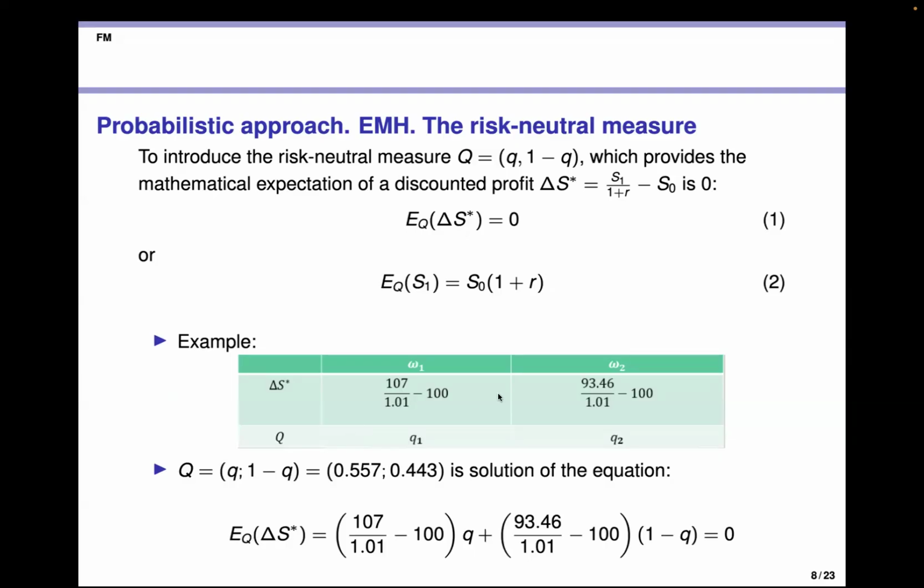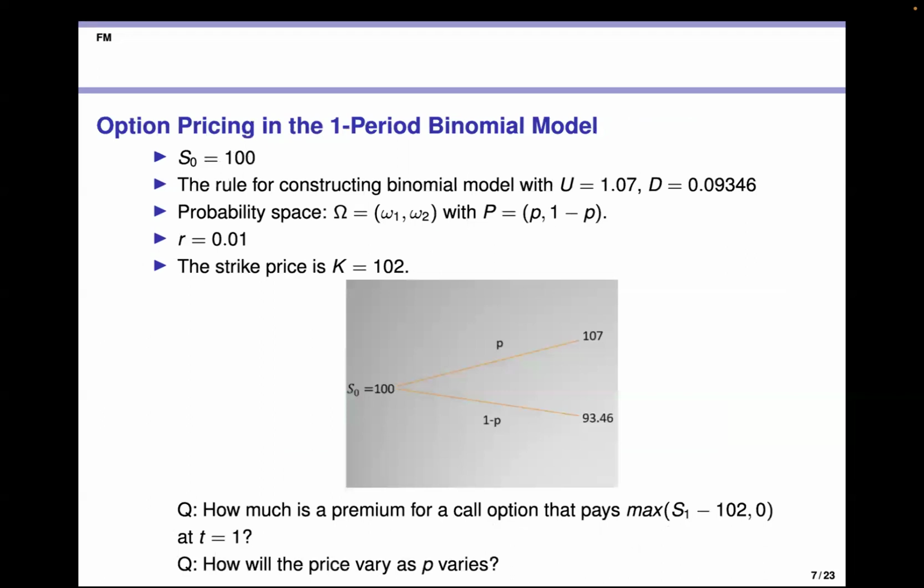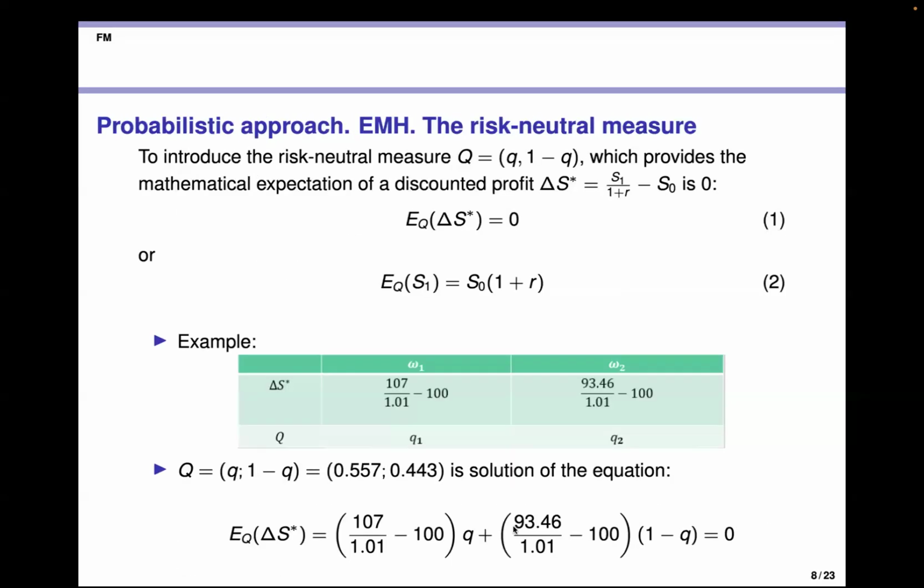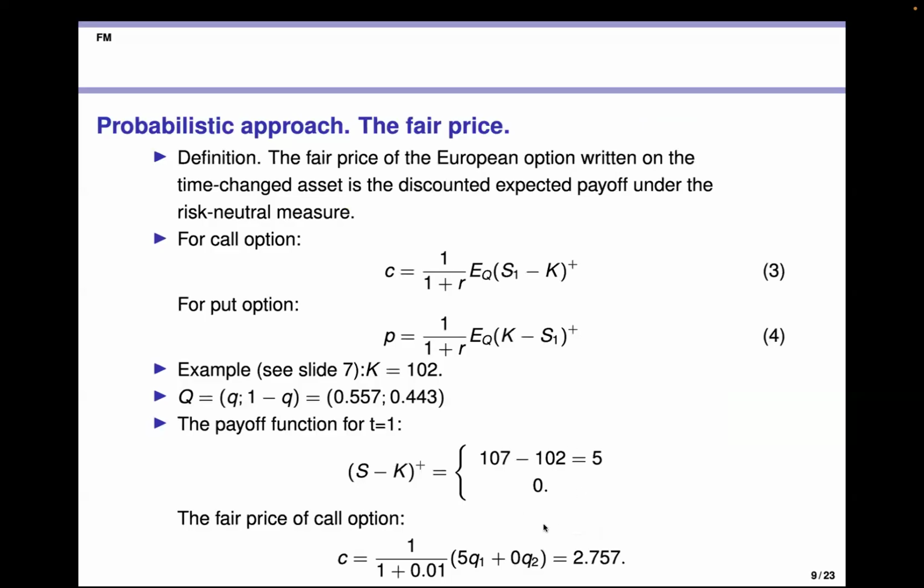Yes, you remember. So from this equation, we can find risk neutral probabilities. The risk neutral measure differs from the true probabilities, it is risk neutral probabilities.